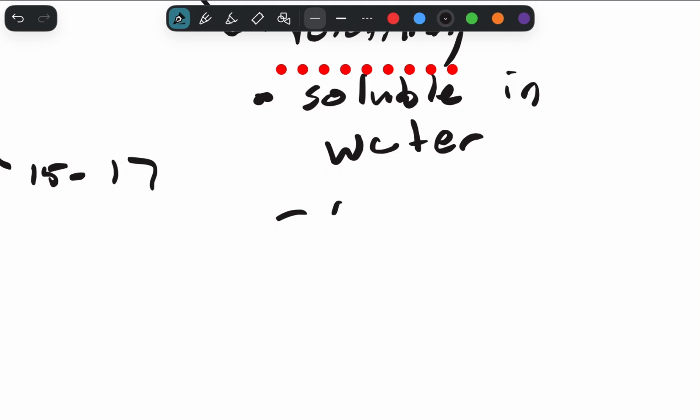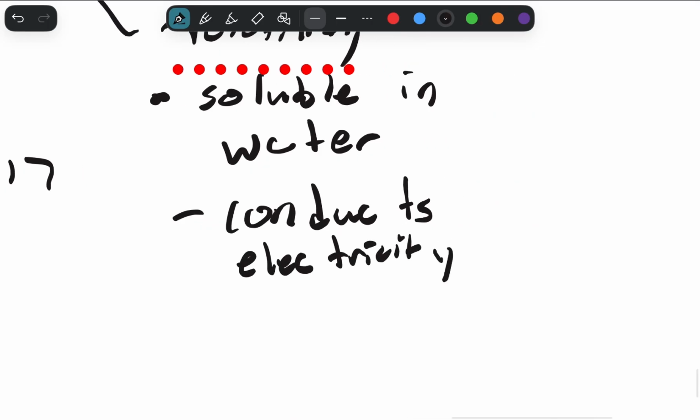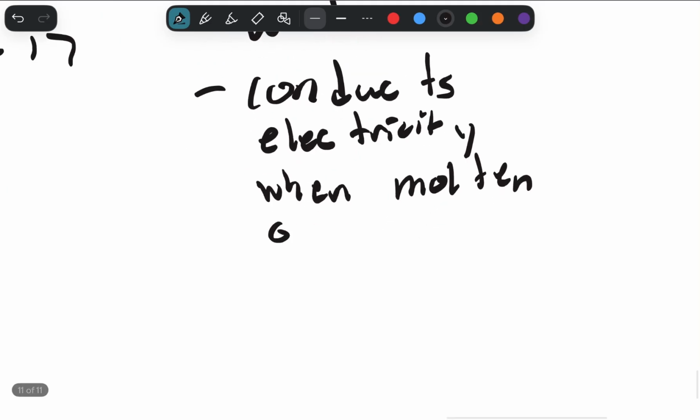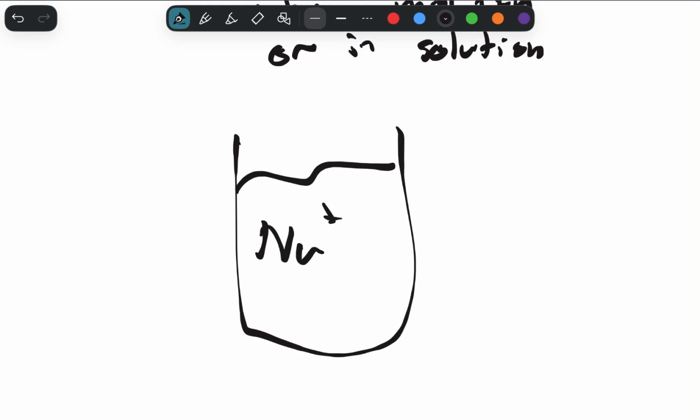Conducts electricity when molten or in solution. This goes back to the point. Let's say I'm in a cup and there's water here, right? So I have Na plus and Cl minus moving around.